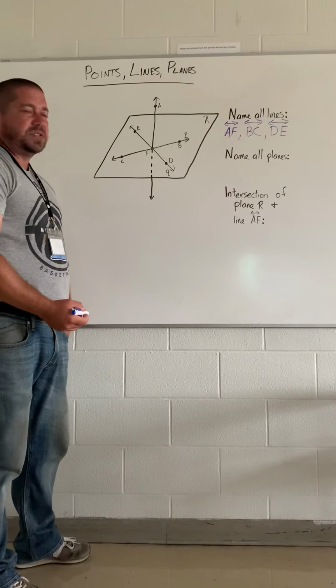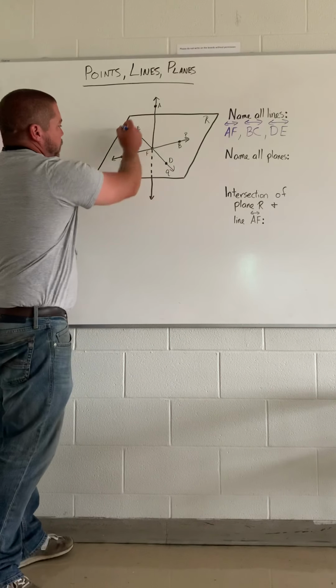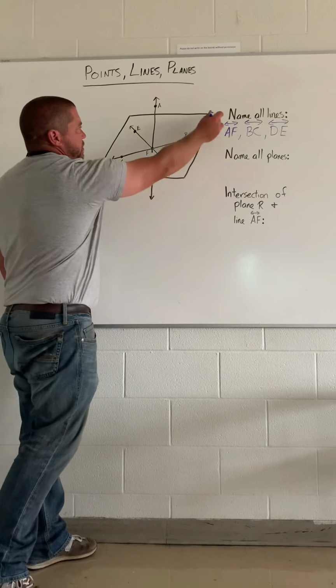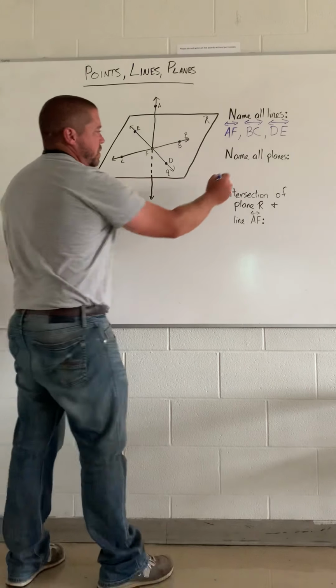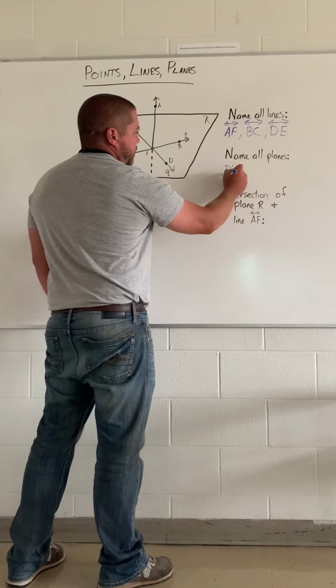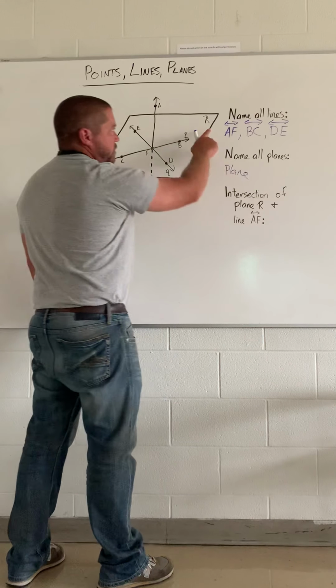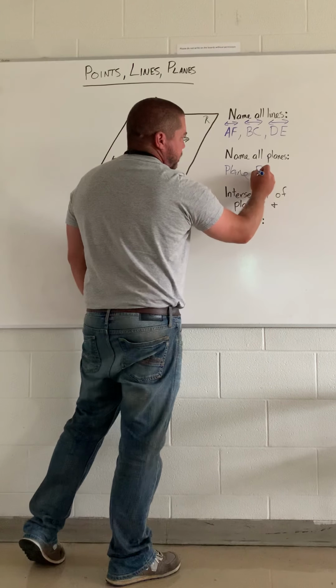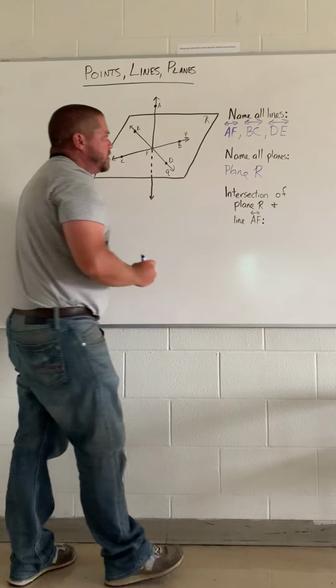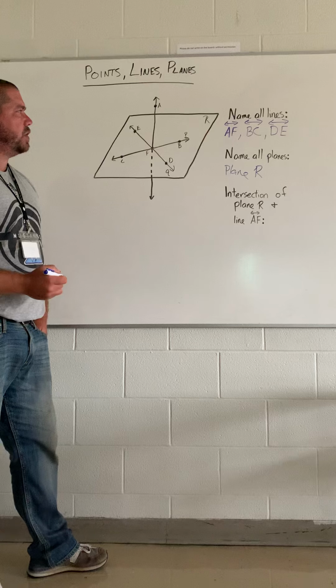Name all planes. Now notice on this, we've just got one flat surface, okay? We can call that plane. Notice there's a little R over here. And actually, let me go back to the previous question, name all lines.